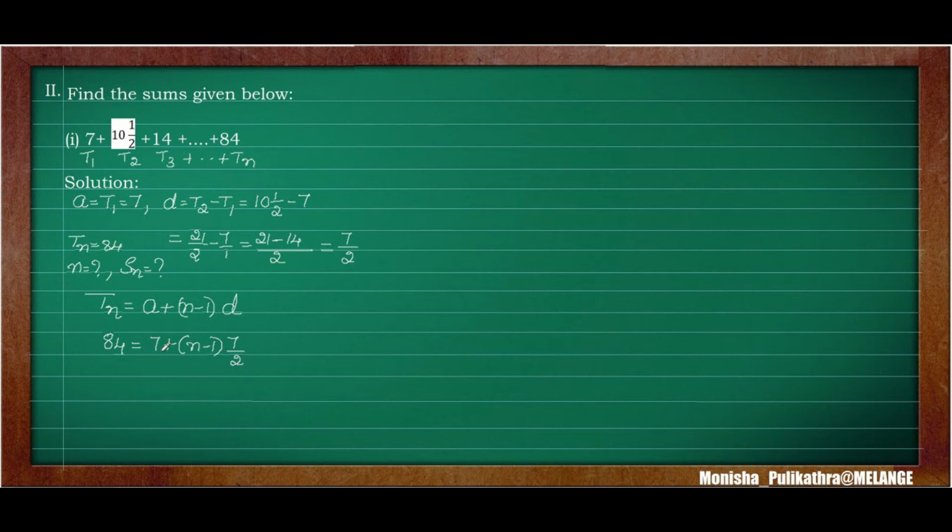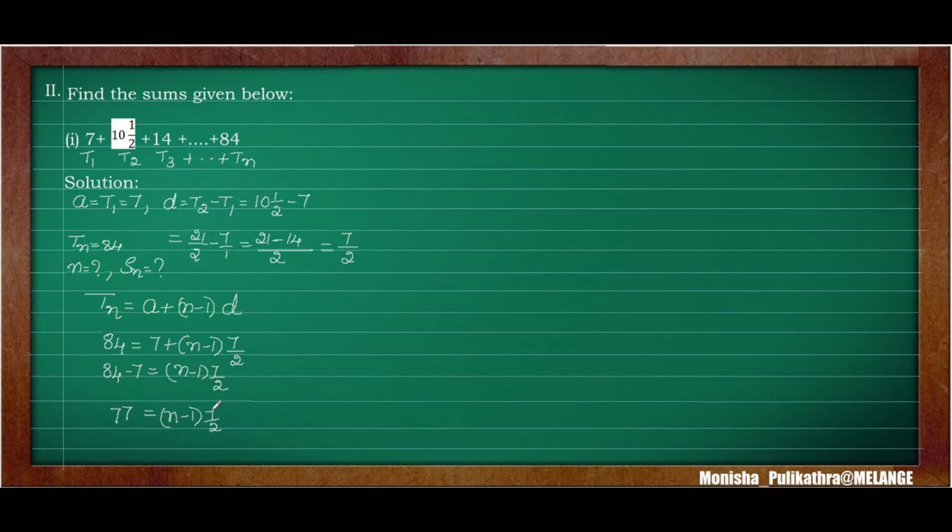First I will shift this 7 to the left hand side. 84 minus 7 is equal to n minus 1 into 7 by 2. So 84 minus 7 is 77. 77 is equal to n minus 1 into 7 by 2.